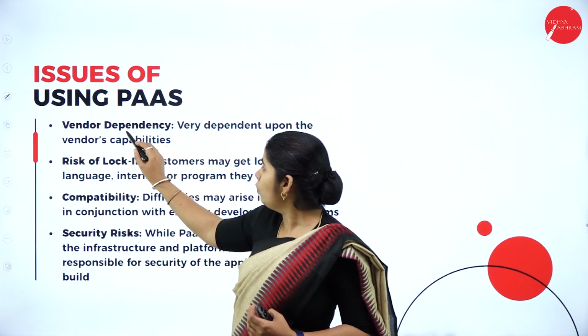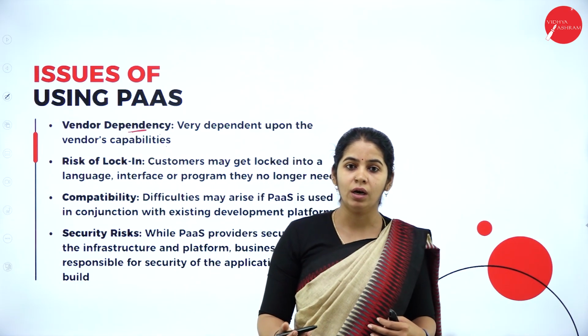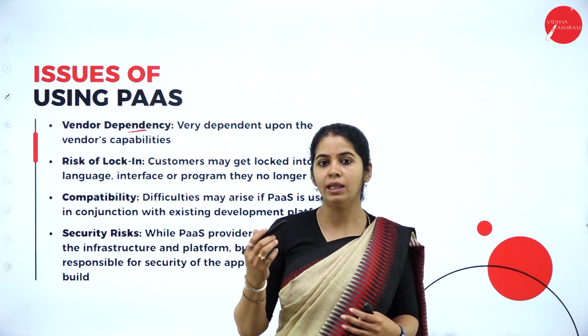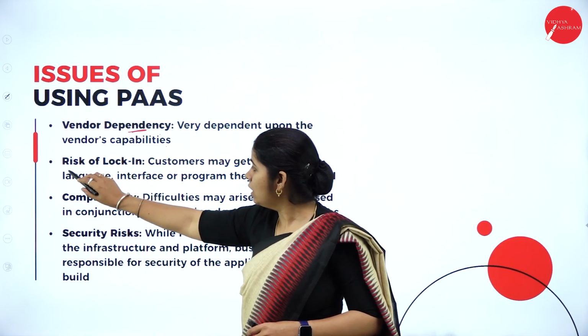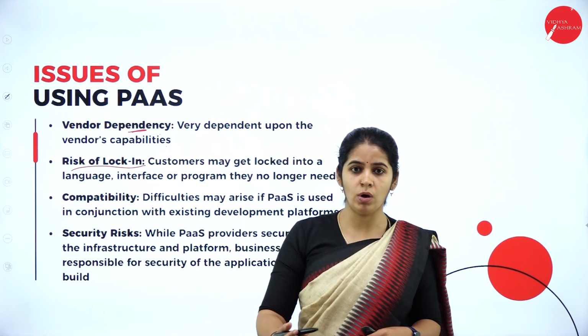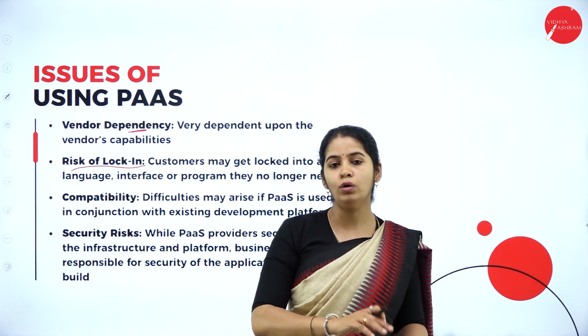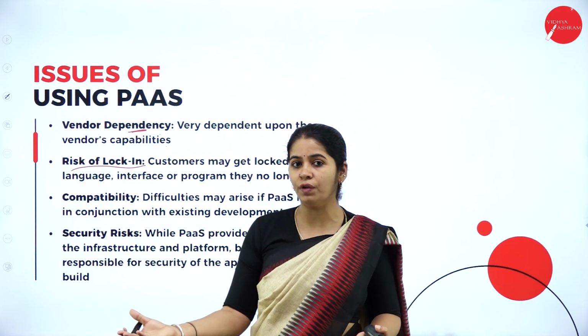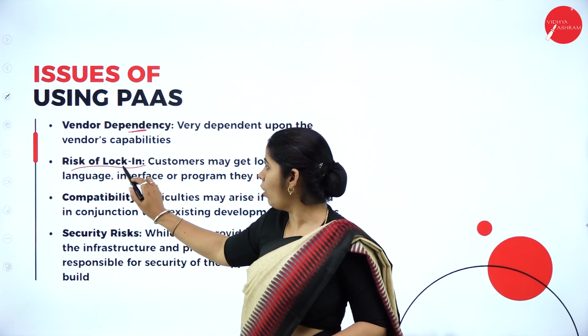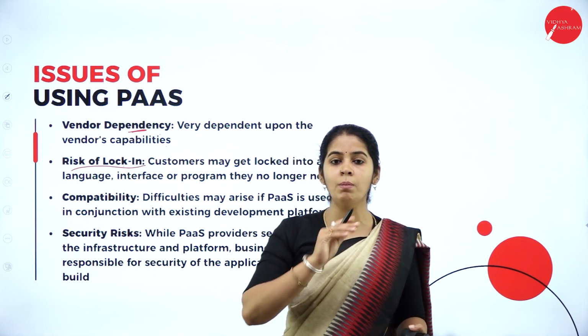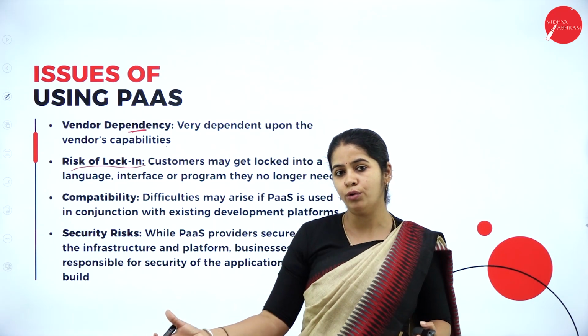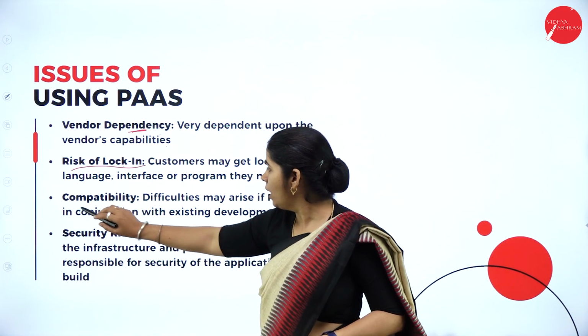You are dependent on whatever platform the vendor provides. And the risk of lock-in, that's exactly what I said. You are used to that particular platform. If you want to switch to another platform, it is difficult. It's not easy to switch from one platform provider to another.